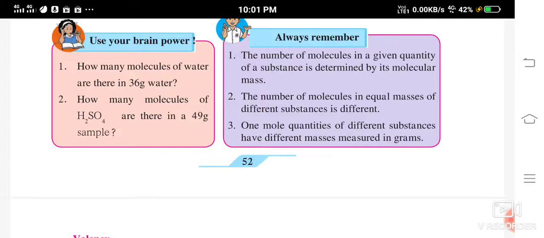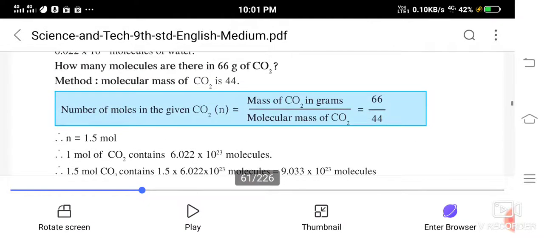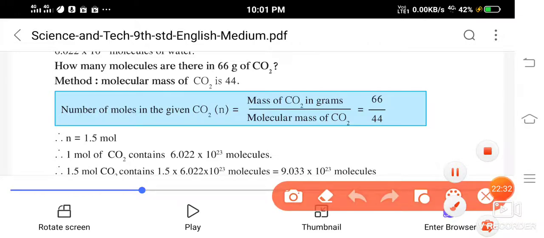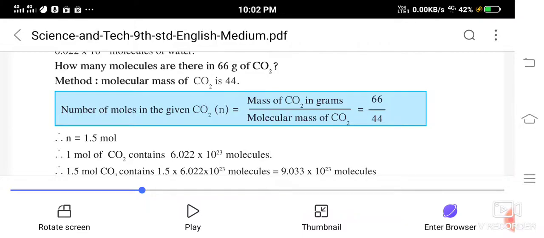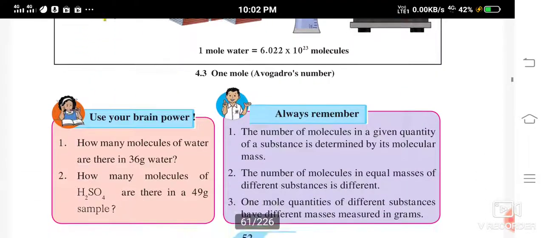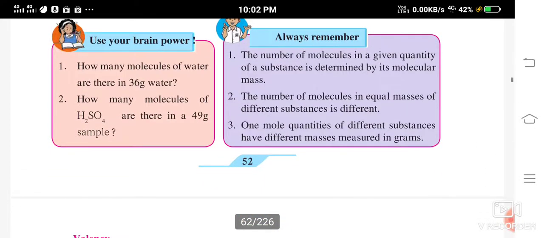So you are going to divide 49, since a 49 gram sample is given. You are going to do it like this. So 49 divided by the molecular mass of sulfuric acid.